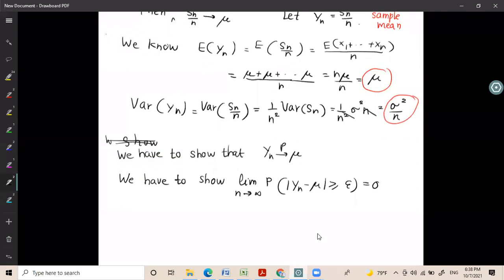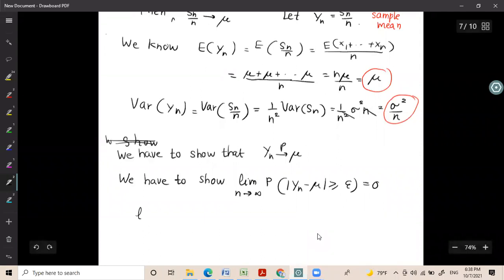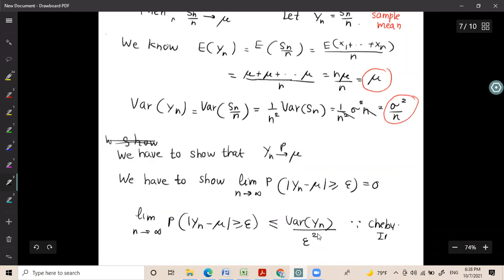So in the limit as n goes to infinity, the probability that yn minus mu is greater than or equal to epsilon is less than or equal to the variance of yn divided by epsilon square. Why? Chebyshev's inequality. Make sure you write it.